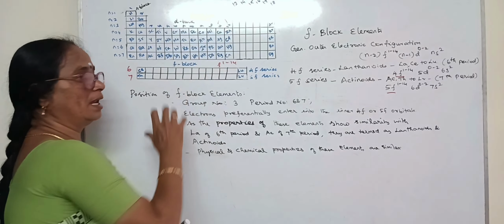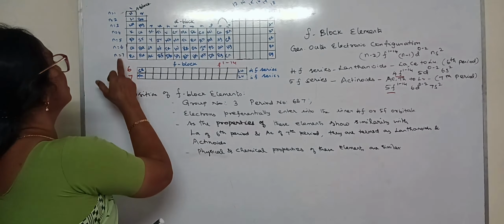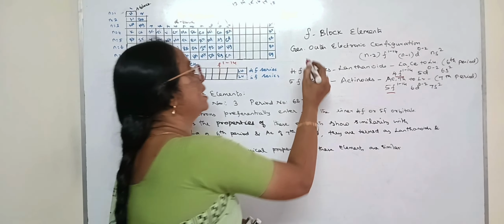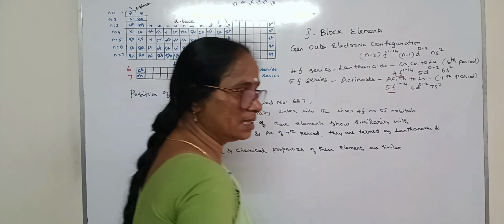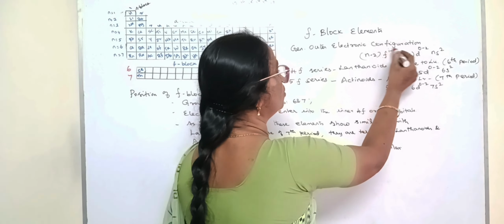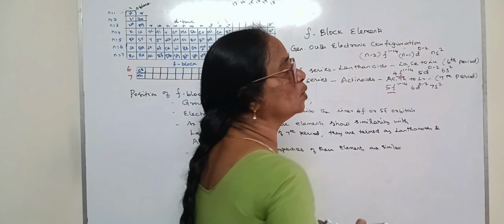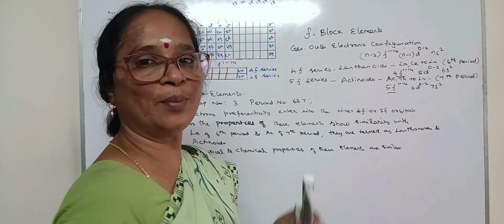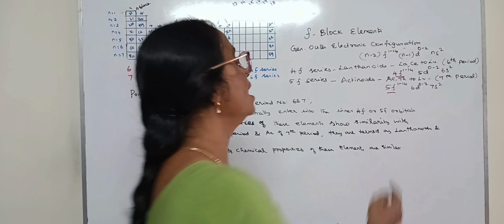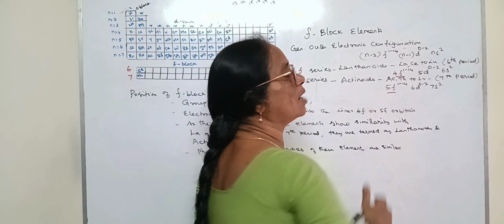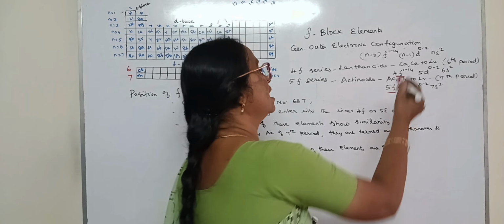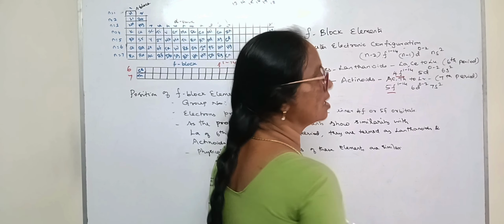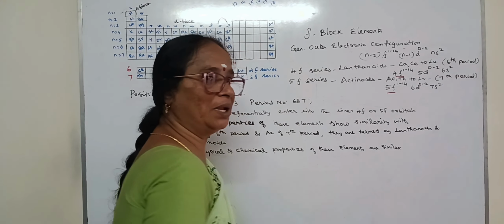So the F block elements belong to 6th and 7th period and the 3rd group, and their outer electronic configuration is (n-2)f 1 to 14, (n-1)d 0 to 2, ns2. Depending upon the energies of the (n-2) orbital and (n-1)d orbital, the electron can be exchanged among themselves, and hence instead of writing d orbital 1 electron, we write 0 to 2 electrons, and the ns orbital is completely filled.